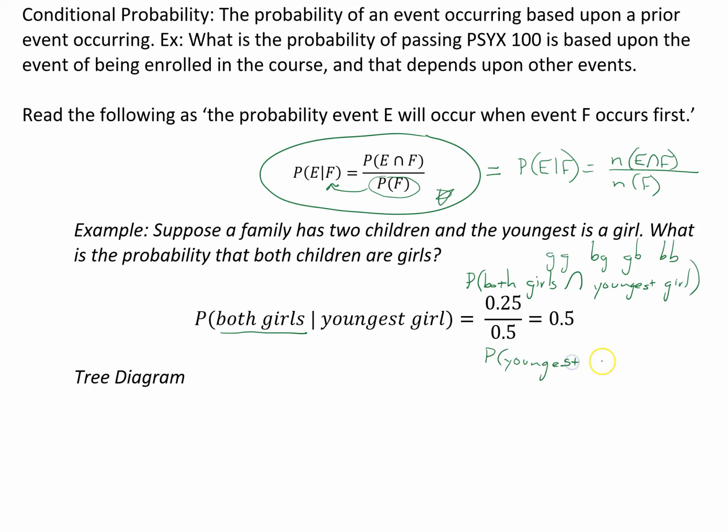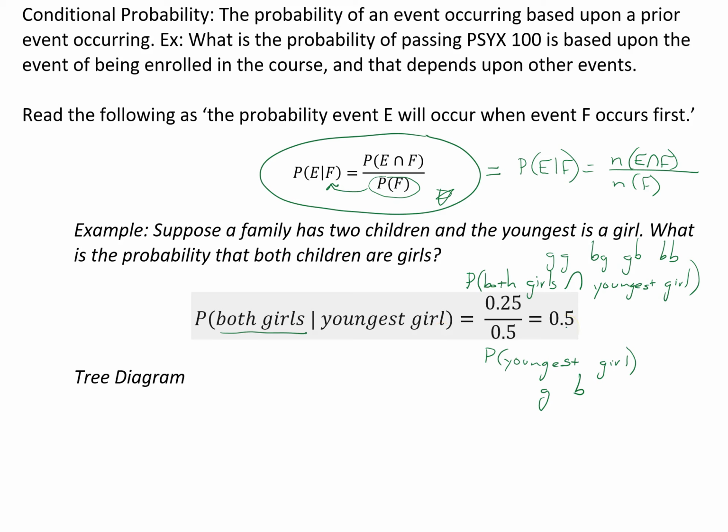When we're focusing on the youngest being a girl, that's the second child, and we're only focusing on the second child. The second child could have been a girl or a boy. So being a girl is a 0.5 or a half chance. Now 0.25 divided by 0.5 becomes 0.5 when you simplify it. So the probability of both being girls given the youngest one is a girl is 0.5.